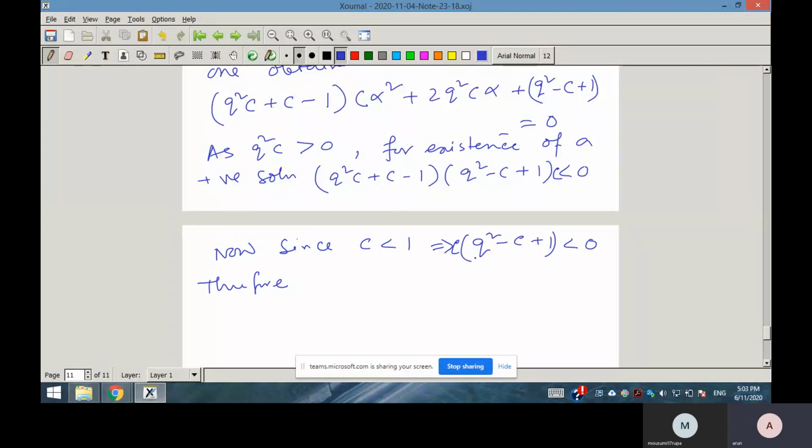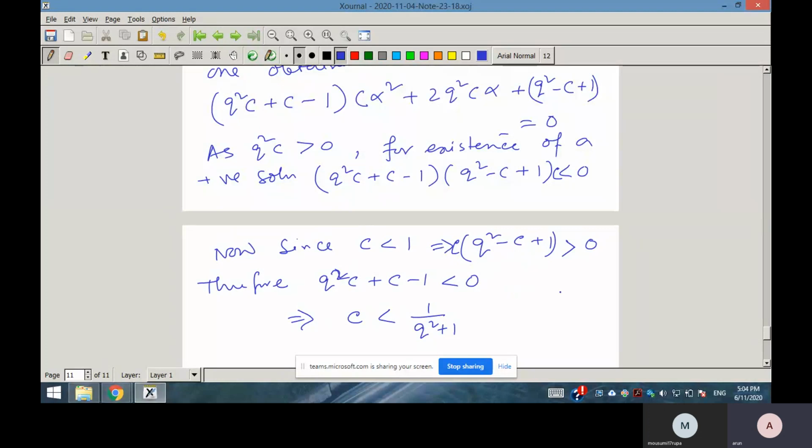C is greater than 0, and 1 minus C is greater than 0, so this should be greater than 0. Therefore this term should be less than 0. So q square c plus c minus 1 should be less than 0. So this will imply c should be less than 1 by q square plus 1.